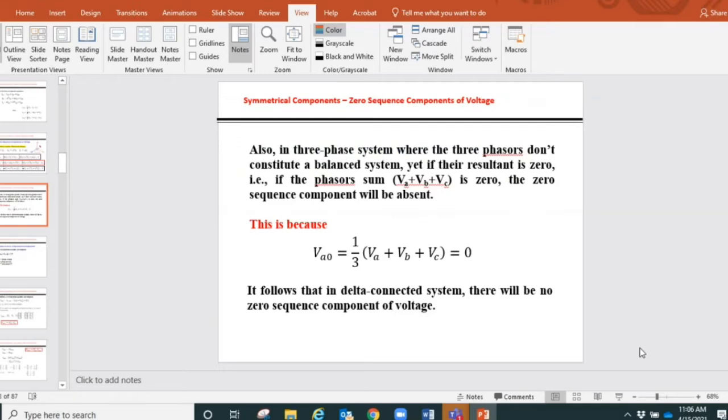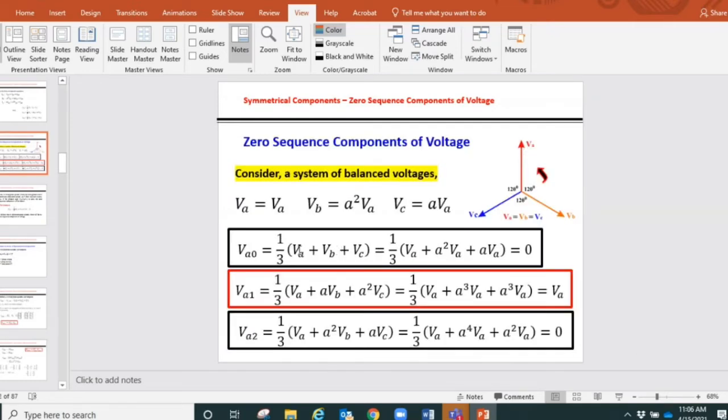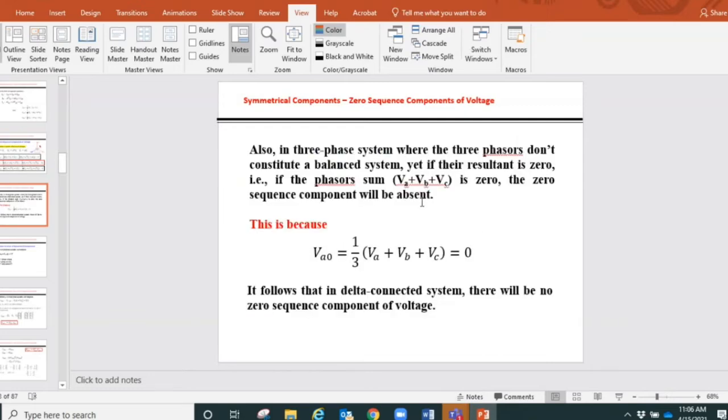Okay, let's go to some special case. We saw that if the sum of these three is equal to 0, then VA0 is going to be 0. That happens in some cases. We might find that there is a system which is not balanced, but the sum of these three voltages is 0. Then we will get VA0 equal to 0.